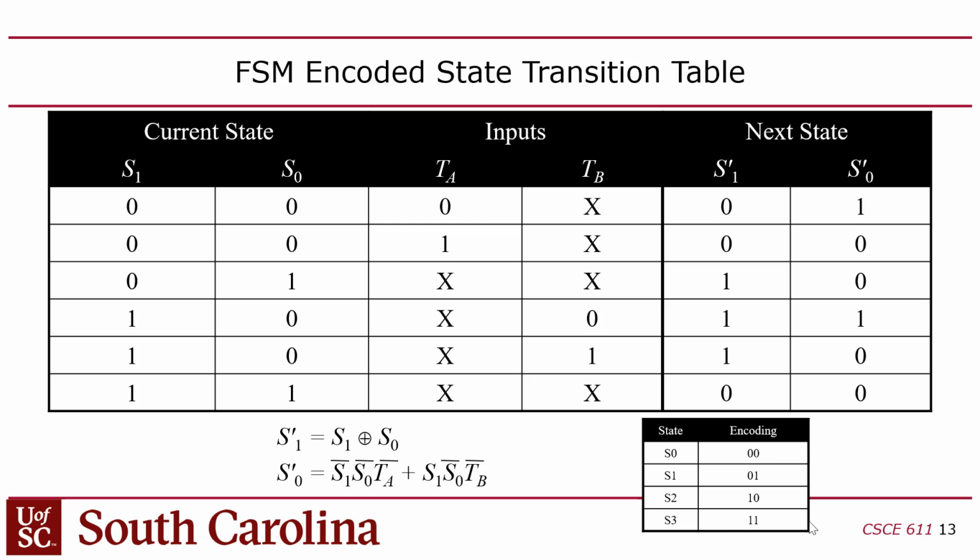Now in this case, they have next state of S1 is S1 XOR S0. Is that true? If you look at these 3 rows where S sub 1 prime, the next state for S1, is pretty much just going to be those 3 when you have a 0 and a 1 on S1 and S0. So there's S1 XOR S0.